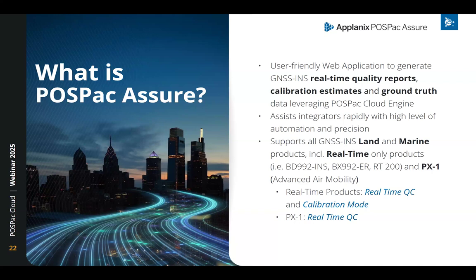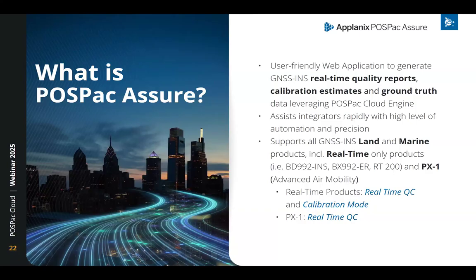We are supporting basically all GNSS INS land and marine products, and we are also supporting real-time only products such as the BD992 INS, the BX992ER, as well as RT200, which is our real-time fleet. And in addition to the land and marine products here, we also support the PX1, which is our system from the advanced air mobility sector.